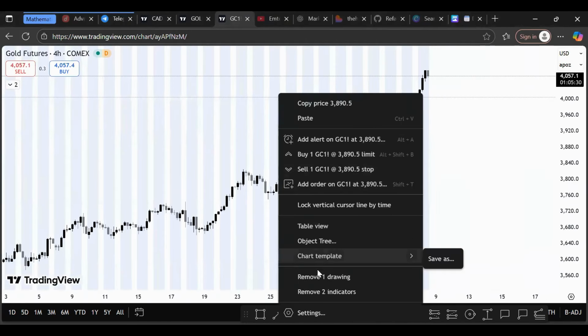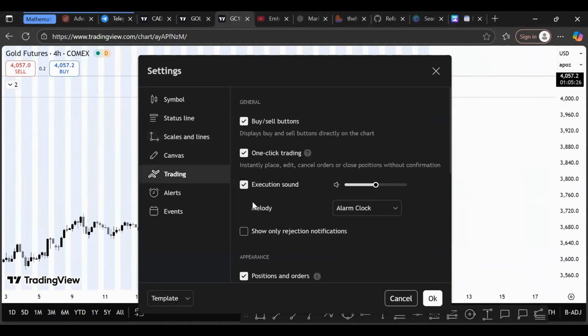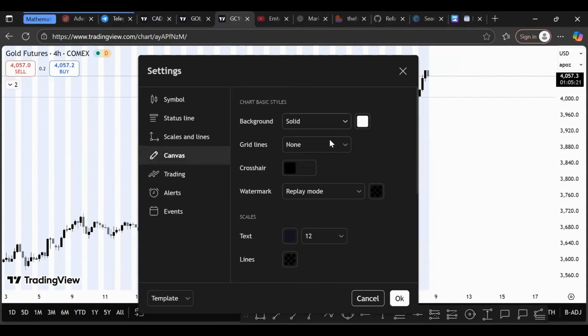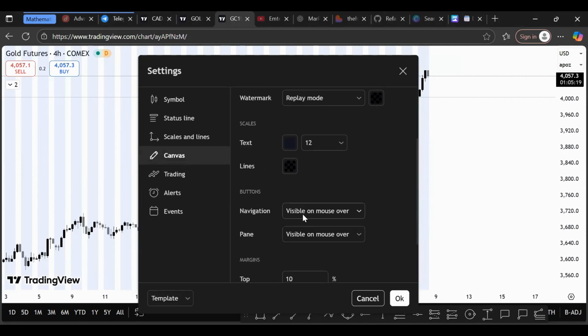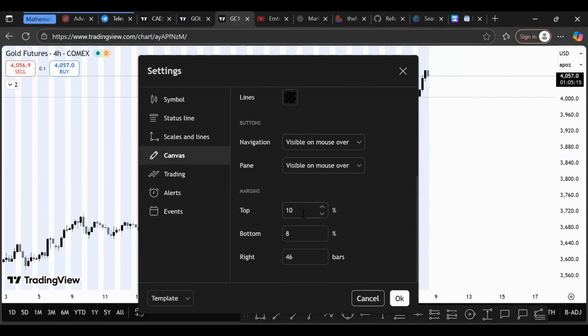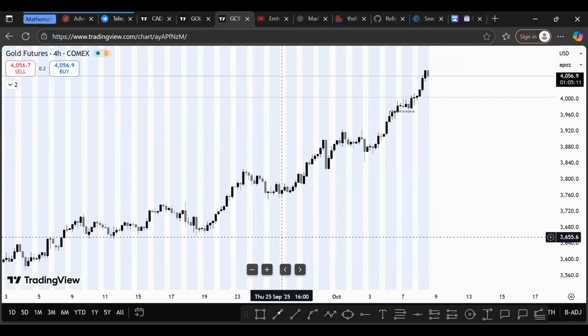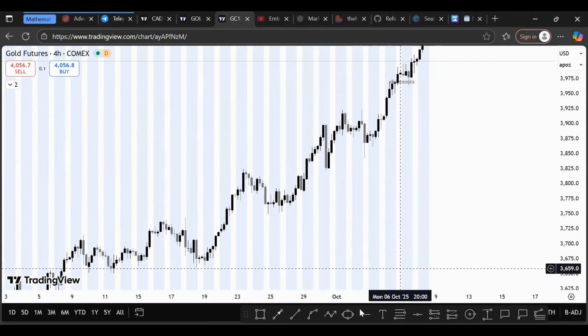Let me see if I can just turn these things off. Canvas. All right, it seems like I can't turn them off. All right, not a problem. So let's start. Trying to turn the blue lines off? Sorry?